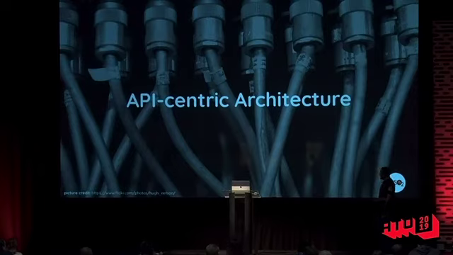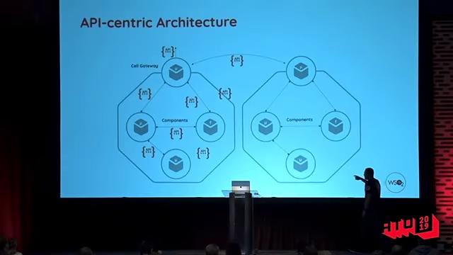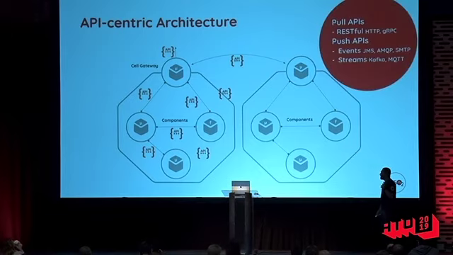Then it has become an API-centric architecture, because the component to component communication happens through some kind of an API, and the functionality you expose from the cell gateway is exposed as an API. But it's not only a RESTful API.